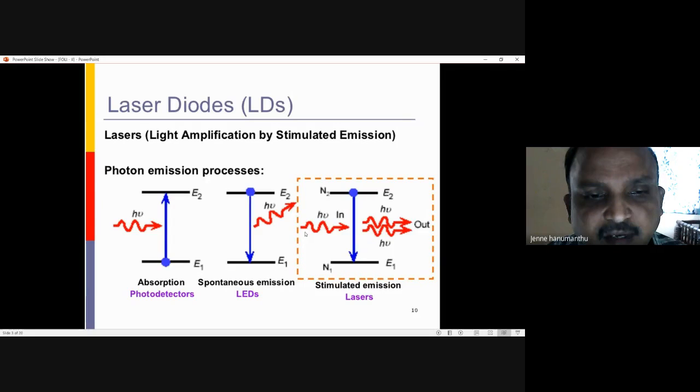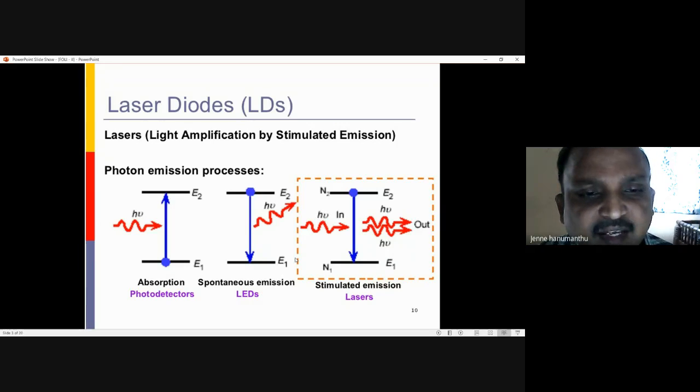The main function of these optical sources is to convert whatever input we are giving, maybe audio, video, or any electrical signal, into light signals, into optical radiations, also called photons. So this is the main functionality.